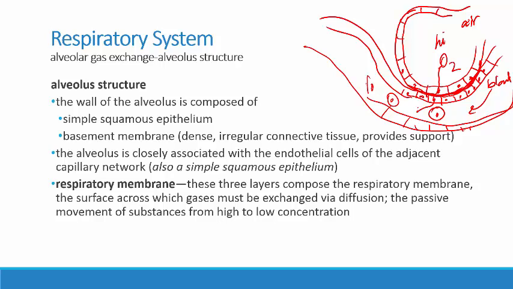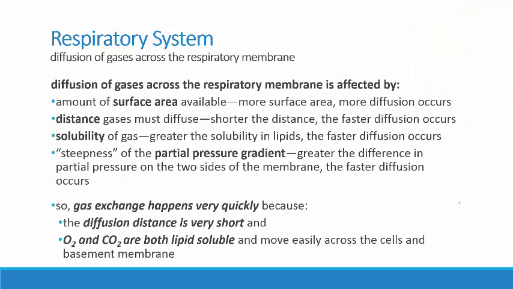And all that's happening through the passive process of diffusion, where we're moving from a region of high concentration to a region of low concentration. Okay, so that's your reminder to kind of get you set up.